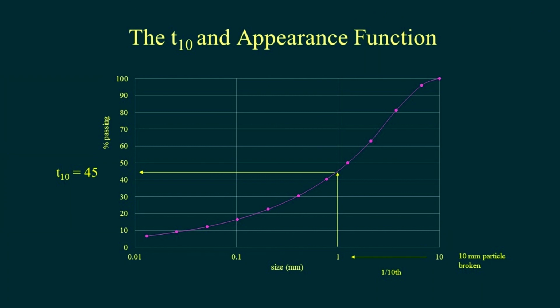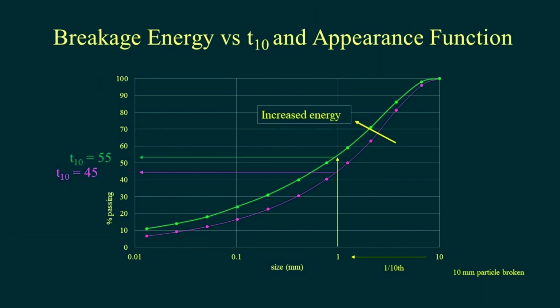Again, you might say, yeah, so what? Well, if I increase the energy of that crushing event, I'll get a finer product. There it is, there's the finer product. I've increased the energy. The T10 now is 55, not 45. It's gone up as we would expect it to.